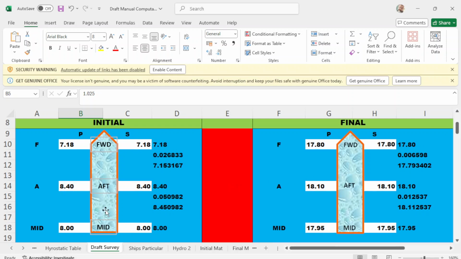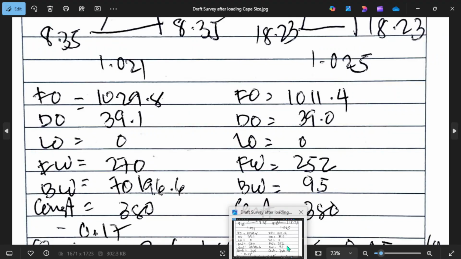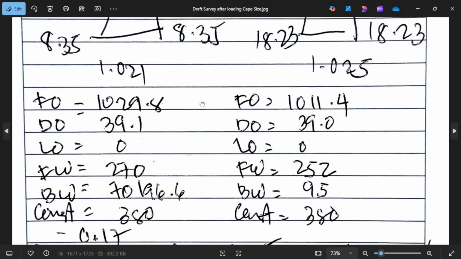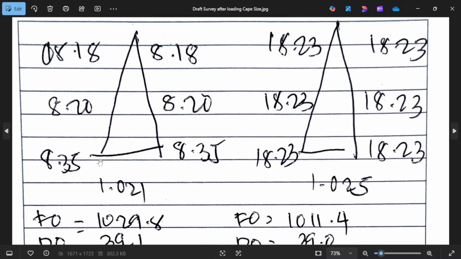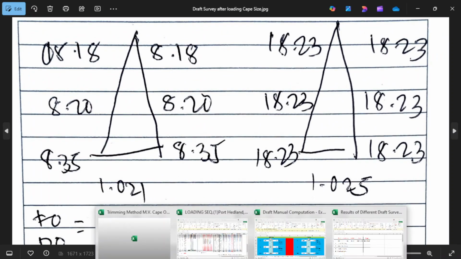In the previous, initial and final draft are separate, but here we can see them all together. So what is the forward draft in initial? Forward draft in initial is this one, 8.18. So we put 8.18.